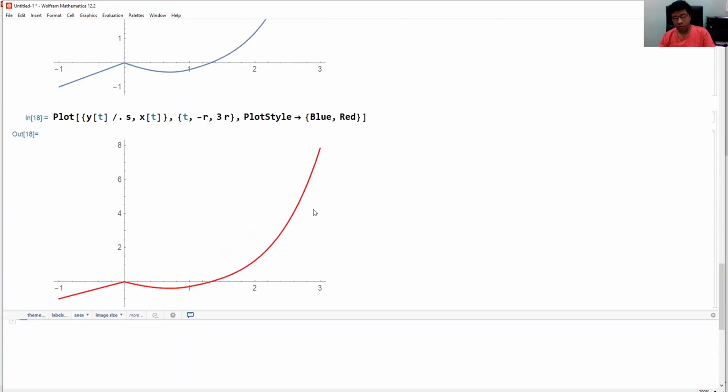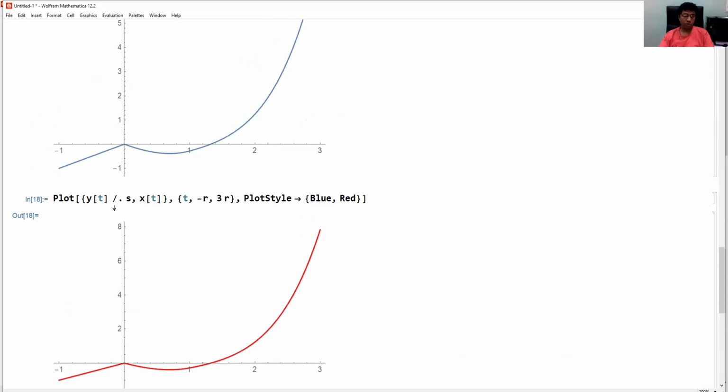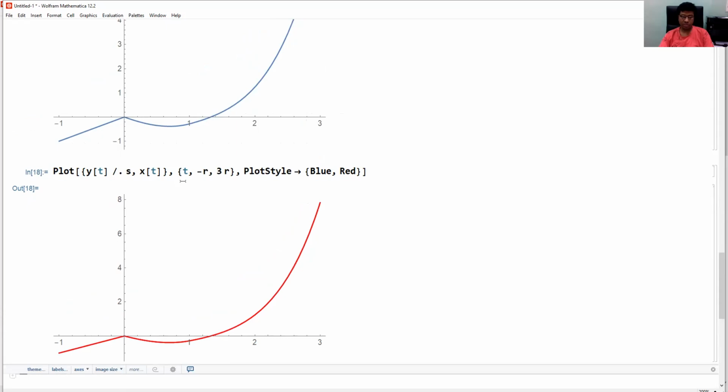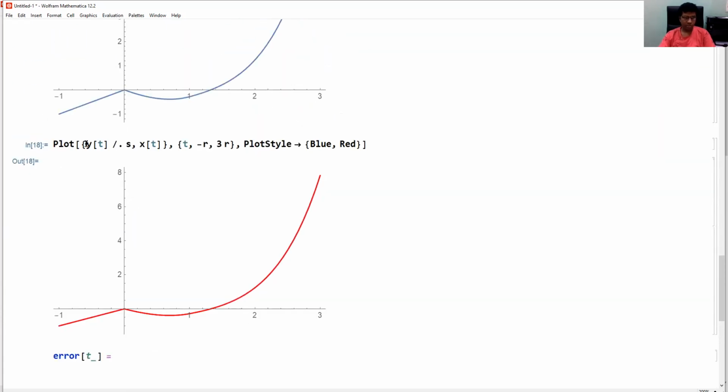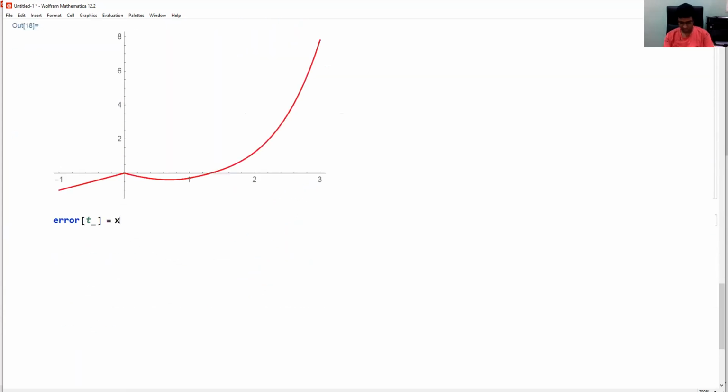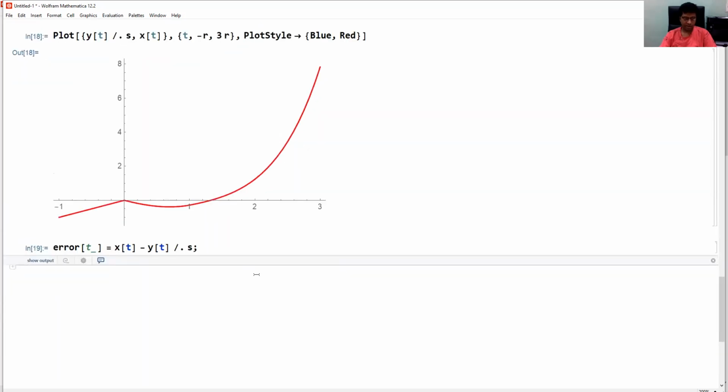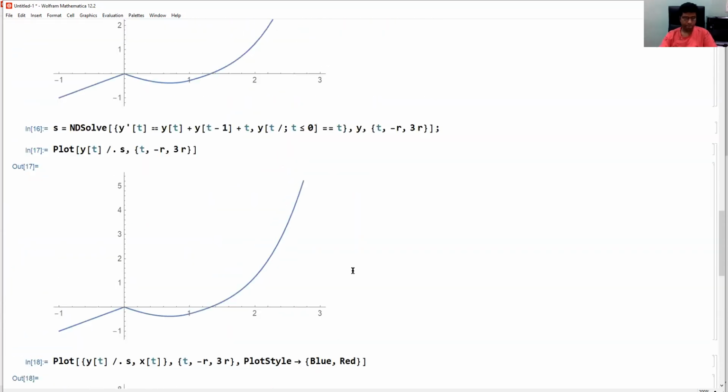Okay, what we can do is we can find the error. So how to find the error? Error is the difference between these two things, or we may find the absolute value of the difference. So if I define the error function as error of t, which is equal to the difference between these two things, X of t minus this, and now we can plot this error.